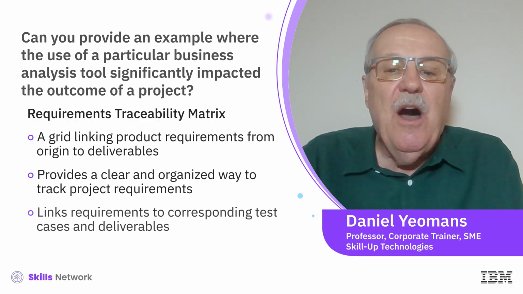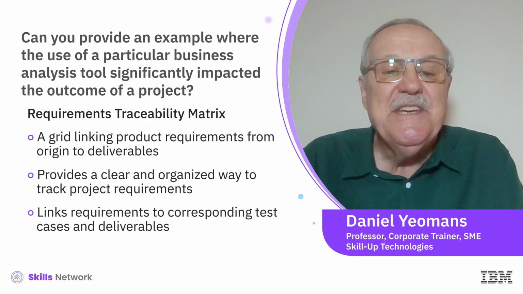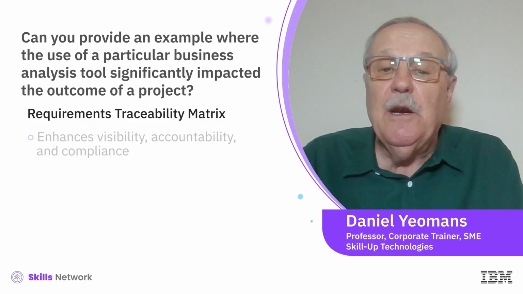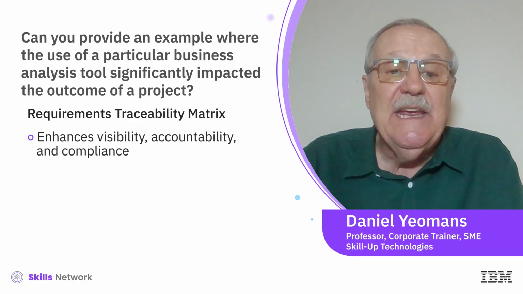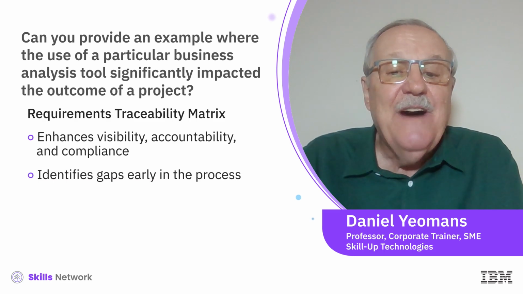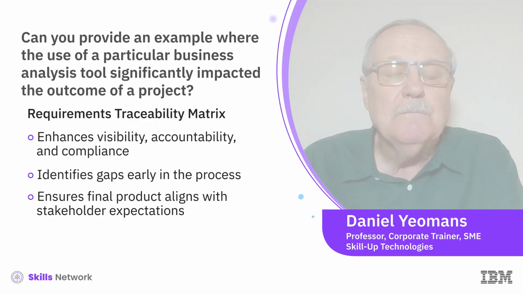It ensures that all requirements are met by linking them to corresponding test cases and deliverables, thereby enhancing visibility, accountability, and compliance. This helps in identifying gaps early and ensures that the final product aligns with stakeholder expectations.